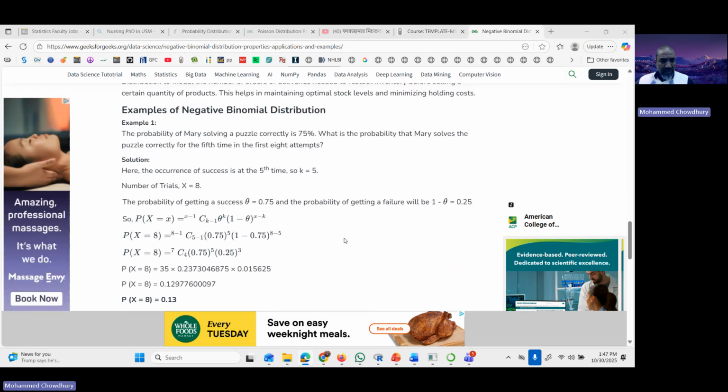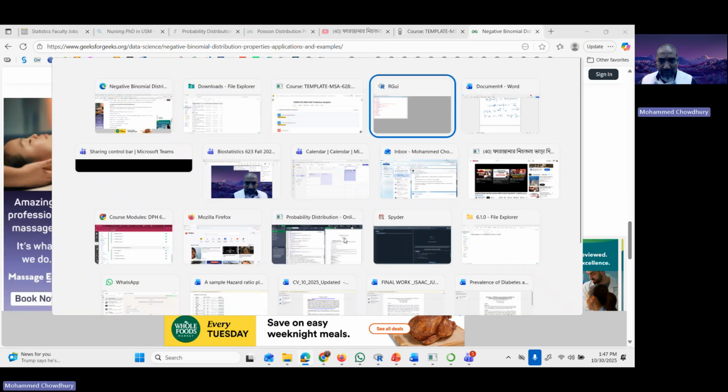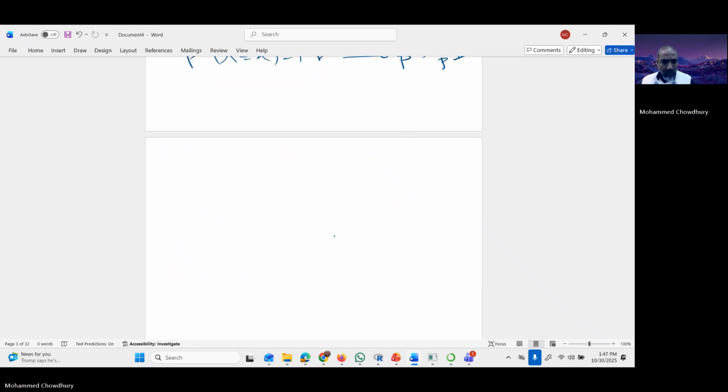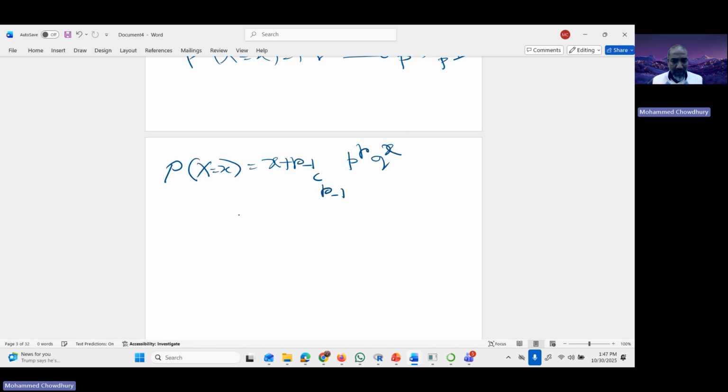So let me write the mathematical formula again here. P(X = x) = (x + r − 1) C (r − 1) p^r q^x. This is the formula.